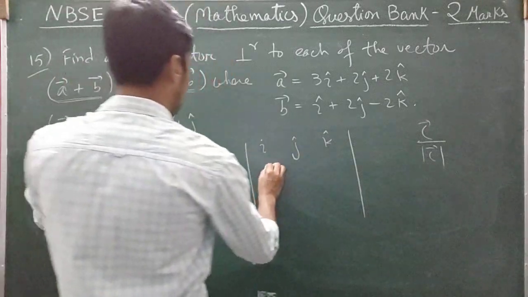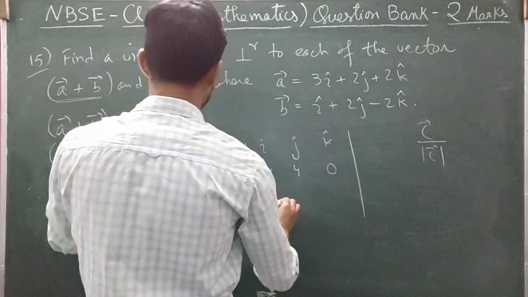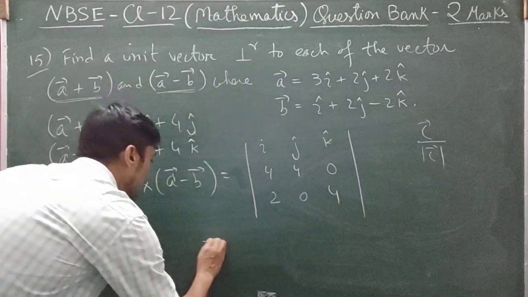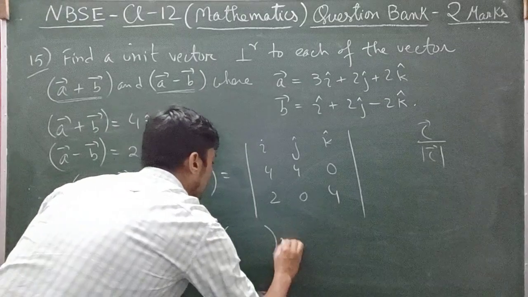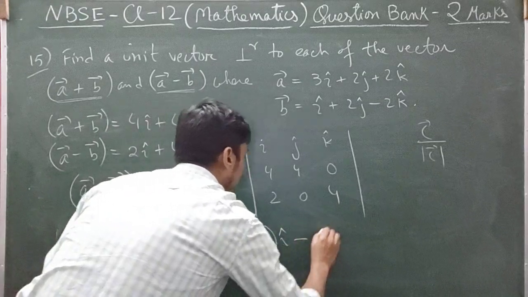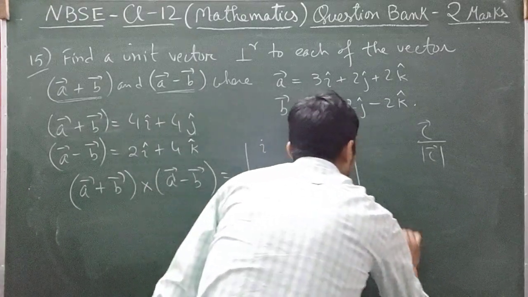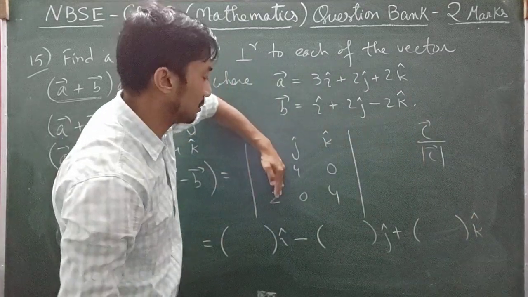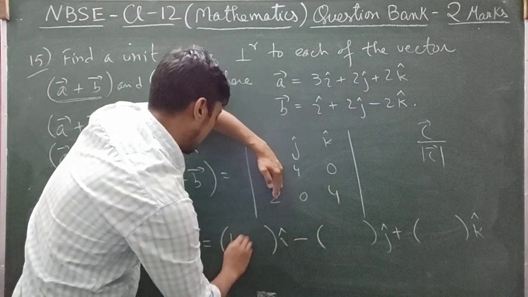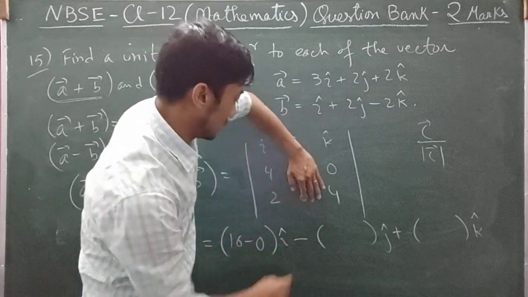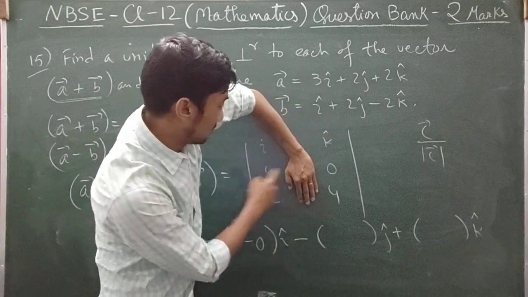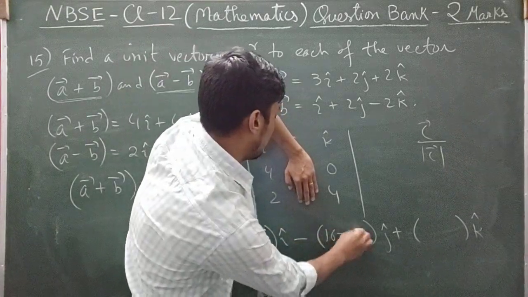i, j, k, that's 4, 4, 0, 2, 0, 4. So cross product revision again. If you remember, as I had told you, i minus j, k, just like the determinant concept. 4 4s are 16 minus 0, without changing direction. That's why I've already done it by providing minus. 4 4s are 16 again, minus 0.